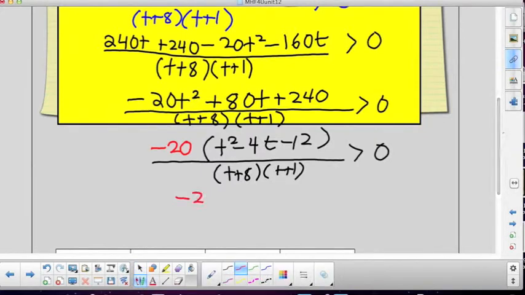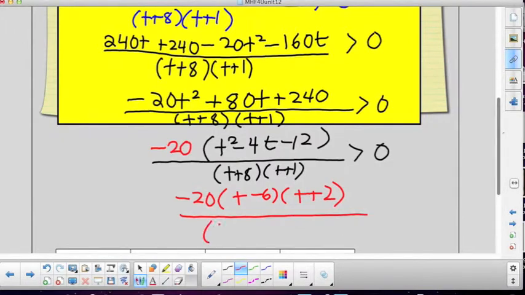So negative 20, if we factor the numerator, we have t minus 6, t plus 2, all over t plus 8, t plus 1 is greater than 0.